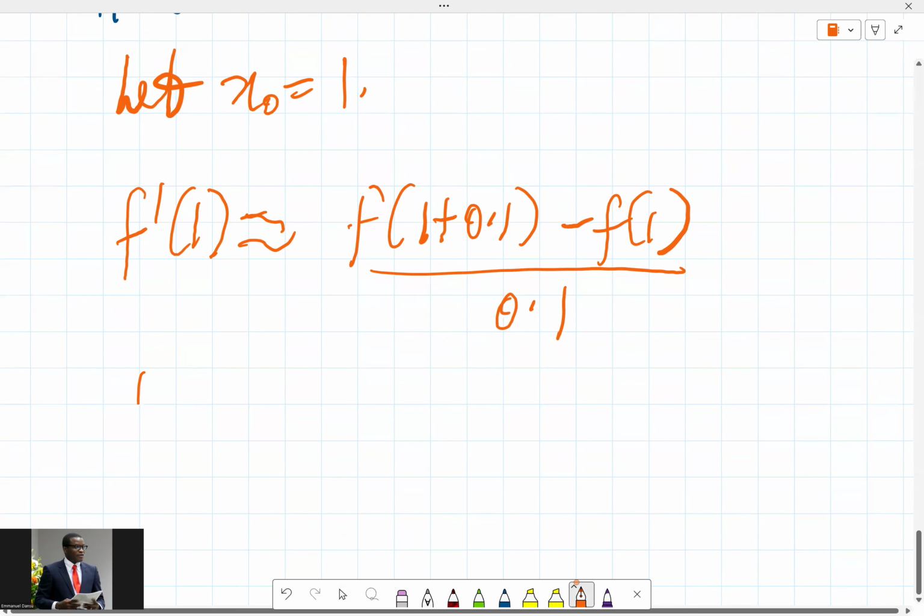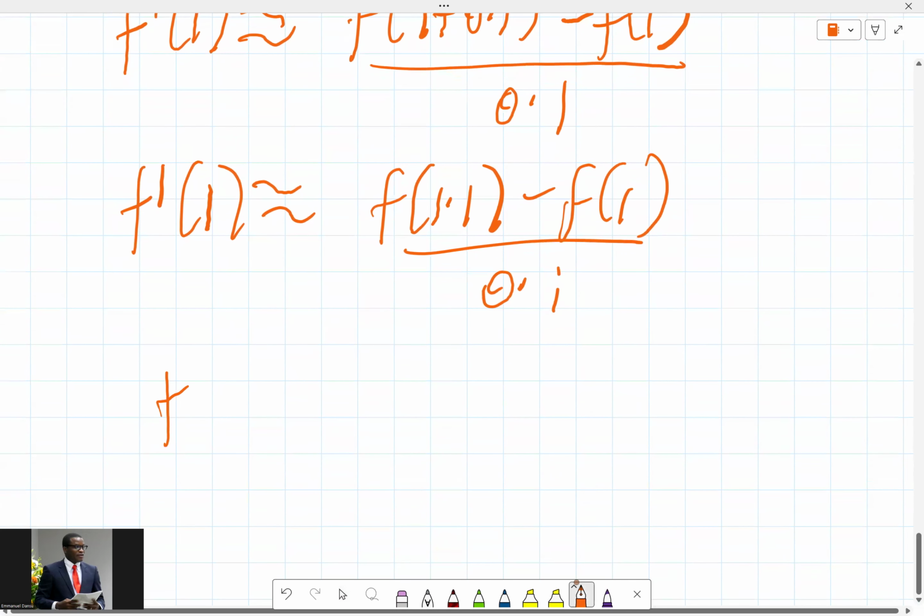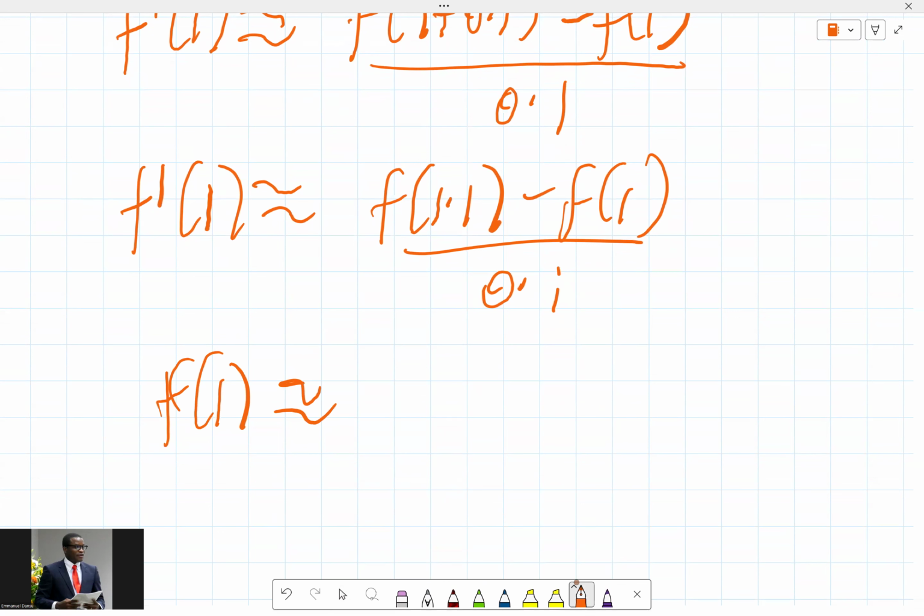So f prime of 1 is approximately f of 1.1 minus f of 1, divided by 0.1. Since f of x is x squared, it means we have 1.1 squared minus 1 squared, all over 0.1.